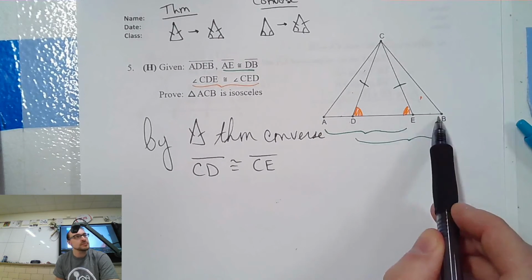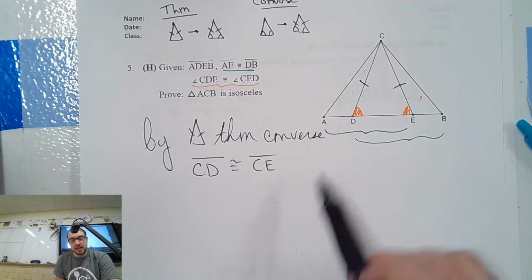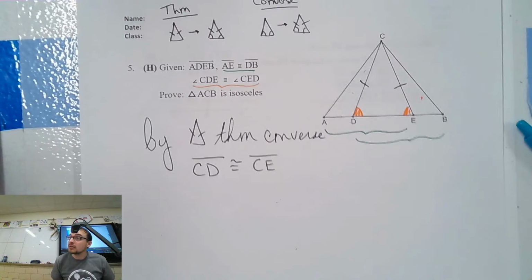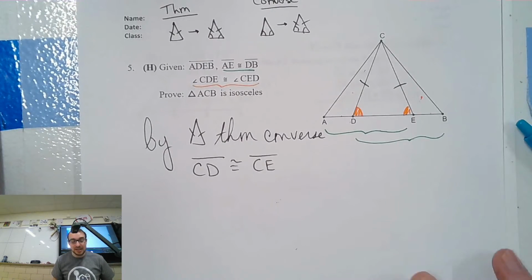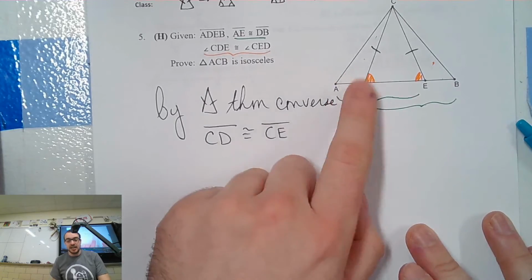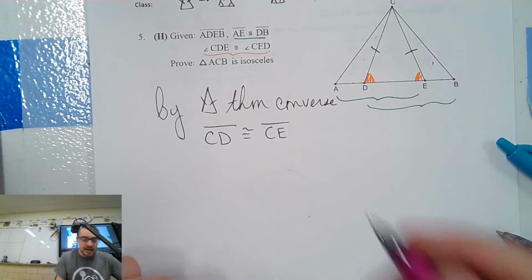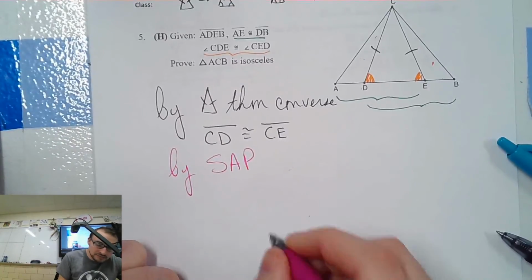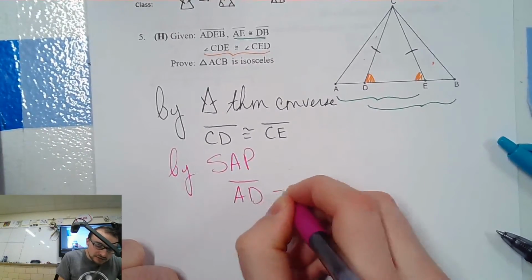So when you overlap, you can cut it out and get what you want. So by segment addition postulate, we can say AD and EB are the same. So let's do that. By segment addition postulate, SAP, we know AD is congruent to EB.